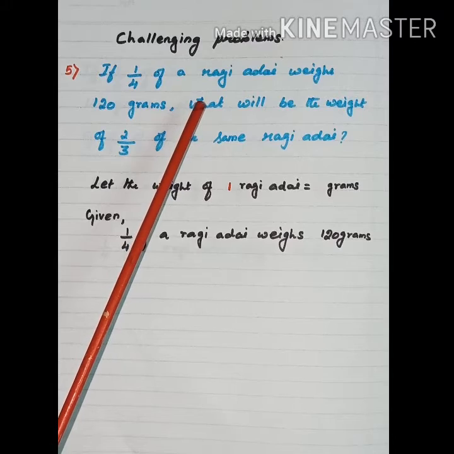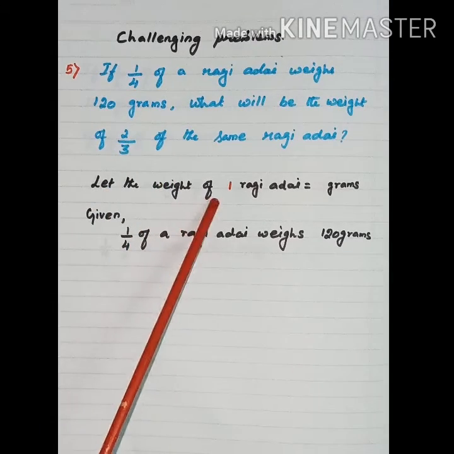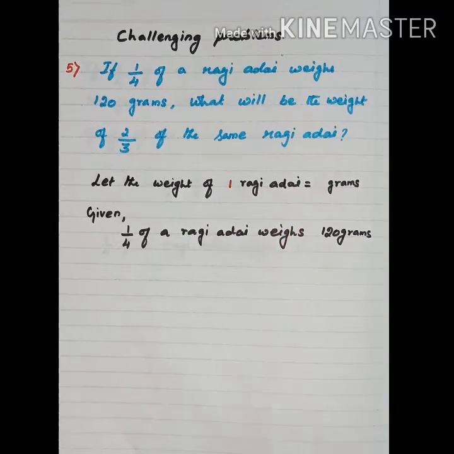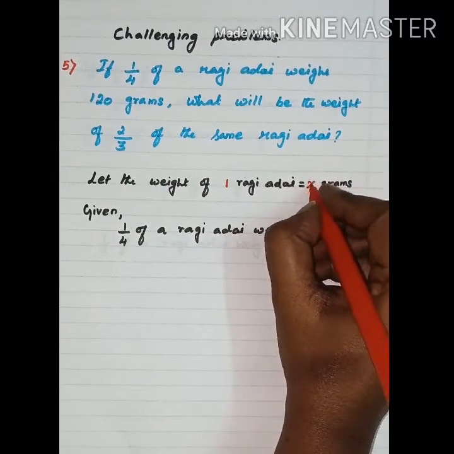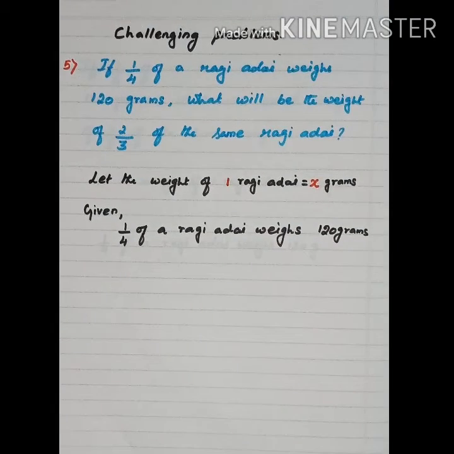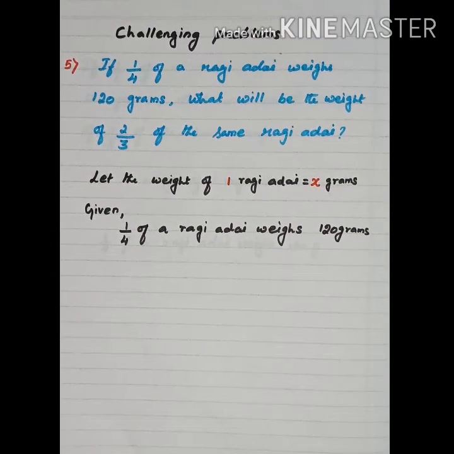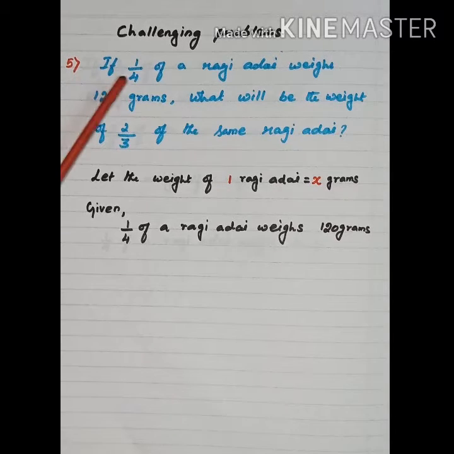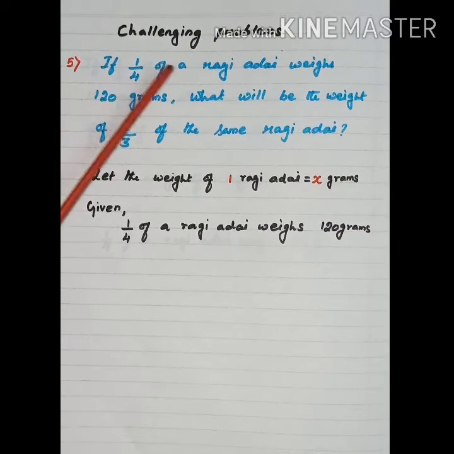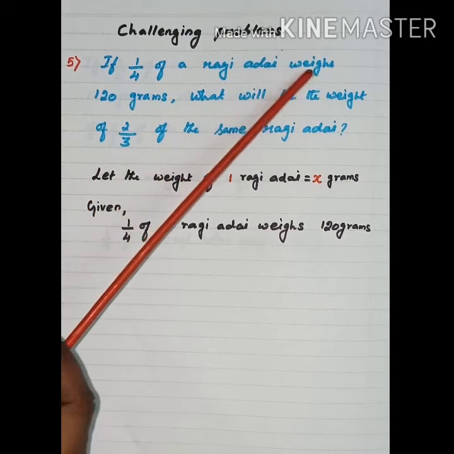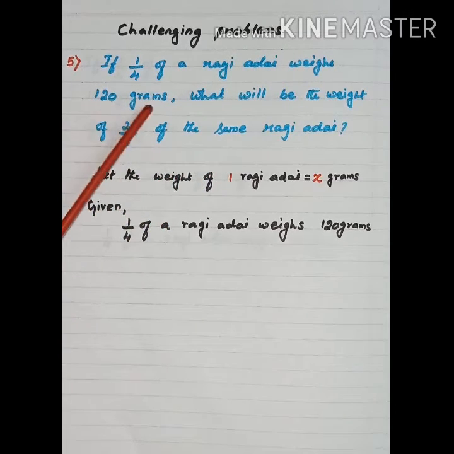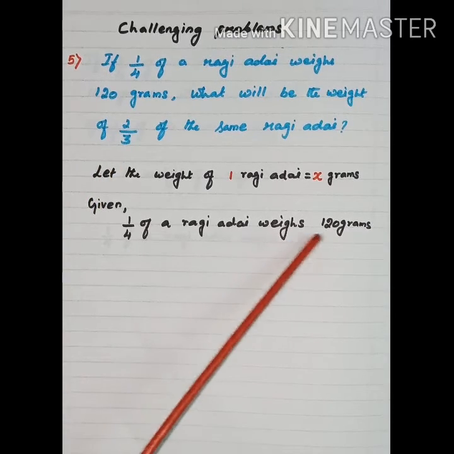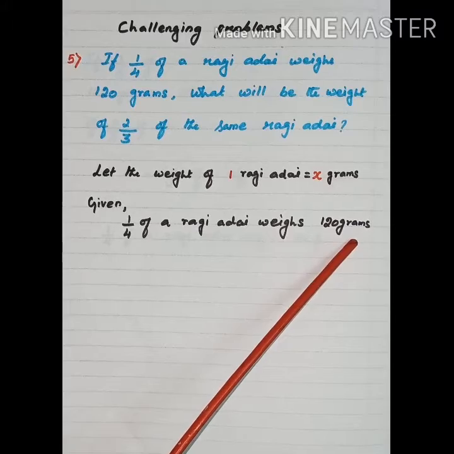So, we have to take the weight of one ragi adai is equal to x grams. But here it is given 1 by 4 of a ragi adai weighs 120 grams.